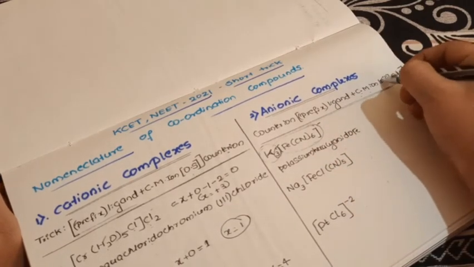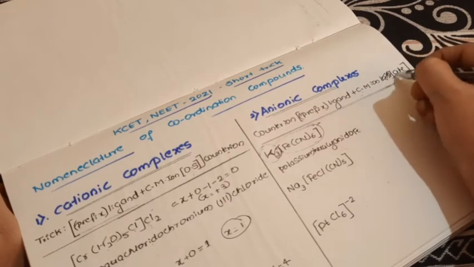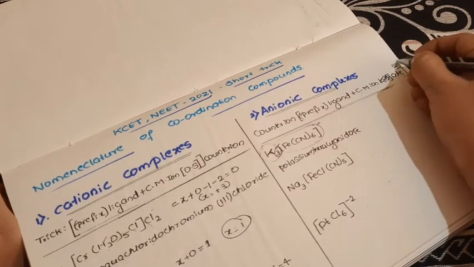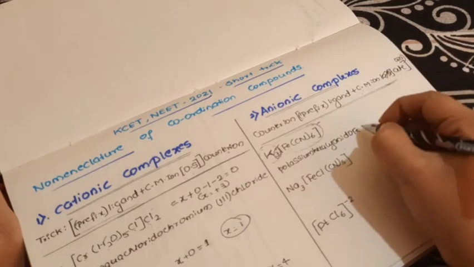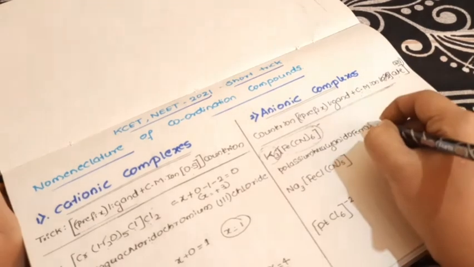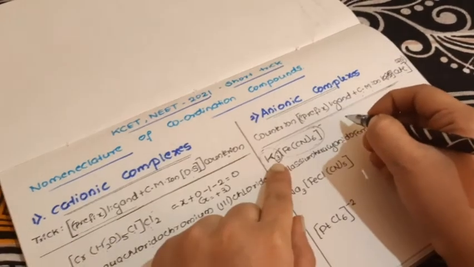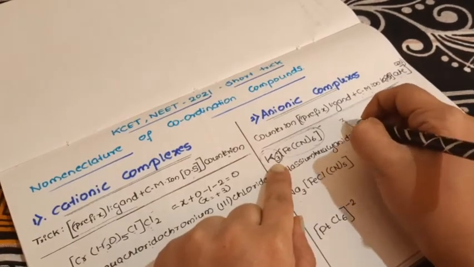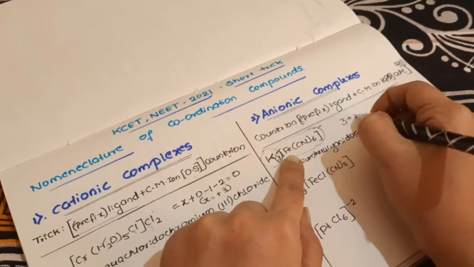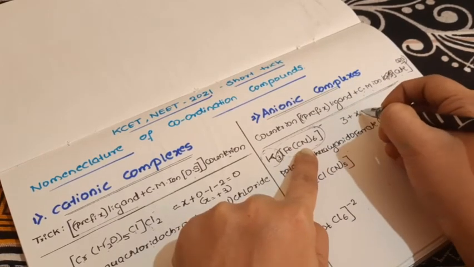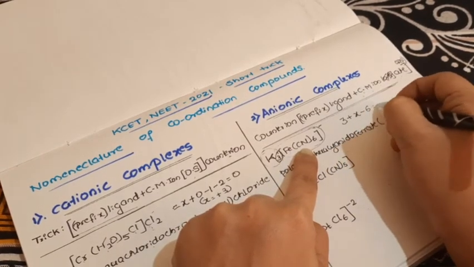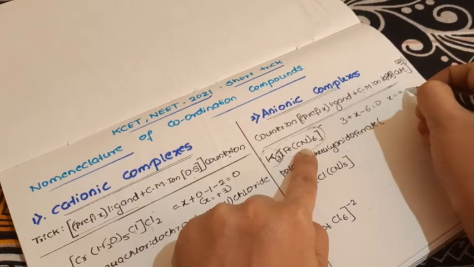Then you have to write the oxidation state, which we need to find here. Potassium is plus 1, iron we need to find, x. Cyanide is negative, so we have 6 minus 6, equal to 0. So x equals plus 3.